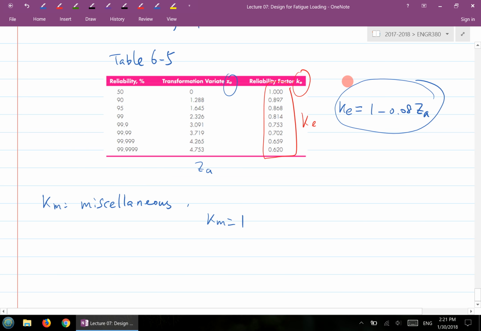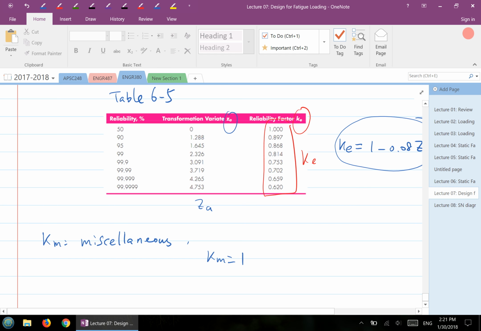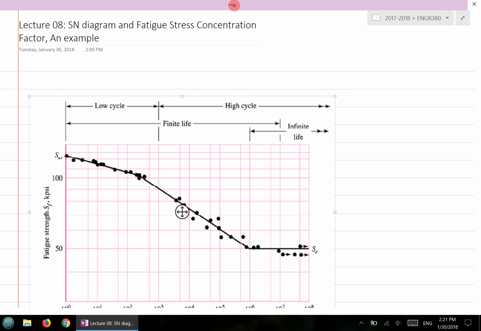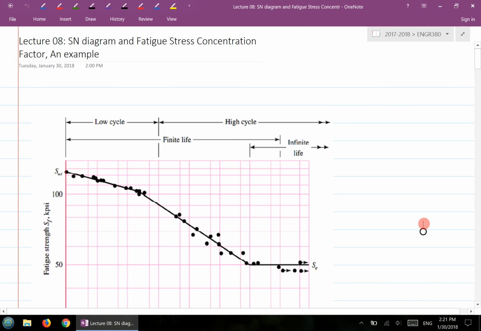A, B, C, D, E, F. We'll look at an example when we finish the next portion, a comprehensive example together, on how, given an actual problem, we find all the different Marin factors. So let me continue here. Maybe you can pass along the handouts that are here.